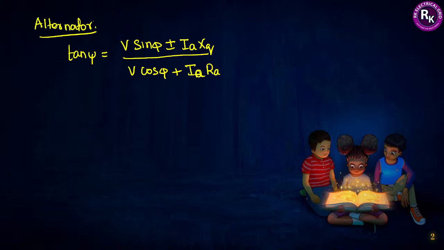In the numerator I put plus as well as minus. If you are using plus, it is talking about lagging power factor, and you also use the positive sign for unity power factor. When we are putting negative sign, that will be dealing with the leading power factor.